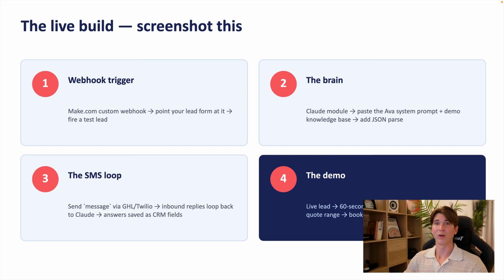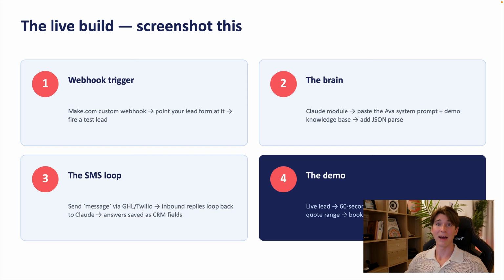Your AI agent will have a detailed prompt that we give to Claude, and also a knowledge base that we give to Claude too, which will be a demo knowledge base, but your business can put the entire knowledge base you want this AI agent to have access to. And that's going to output events that can trigger SMS messages, emails, and communication with the lead, and save all of that in your CRM.